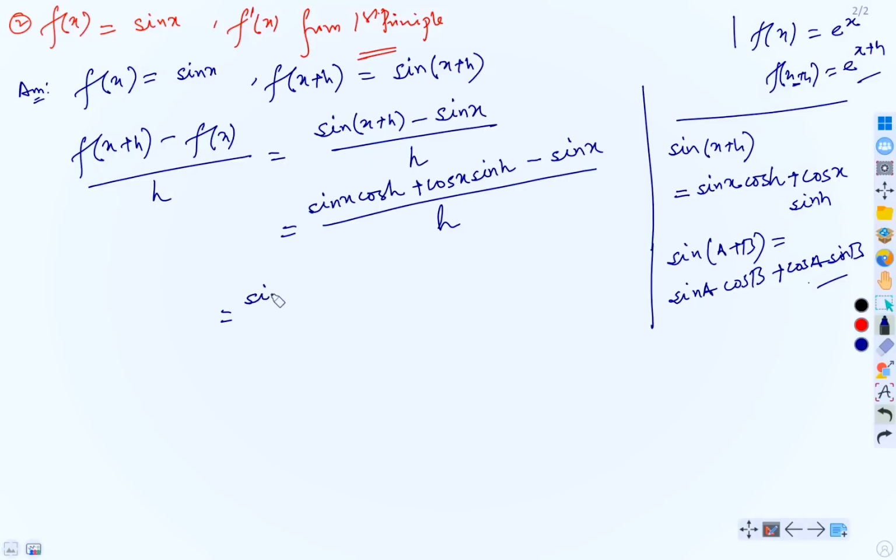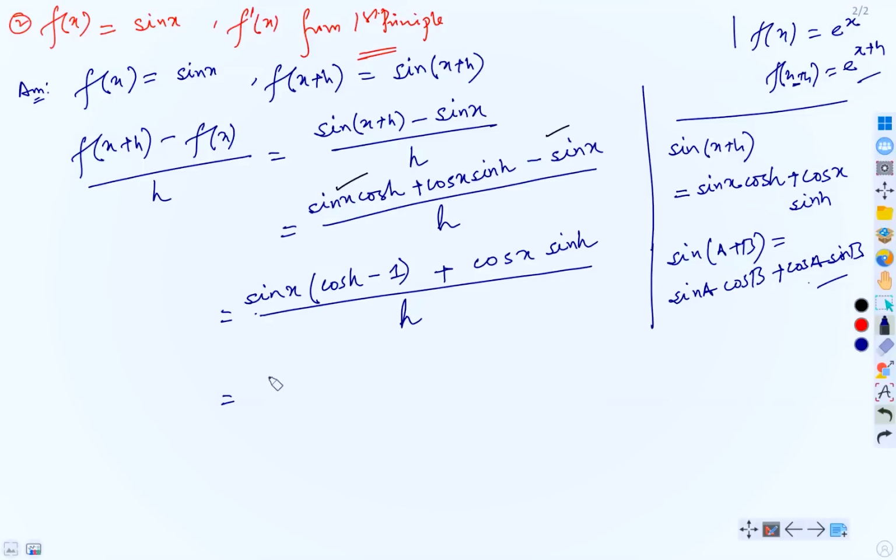So sine x, if we now take this sine x and this sine x, we can take both common and we obtain here cosine h minus 1 plus cosine x sine h upon h.